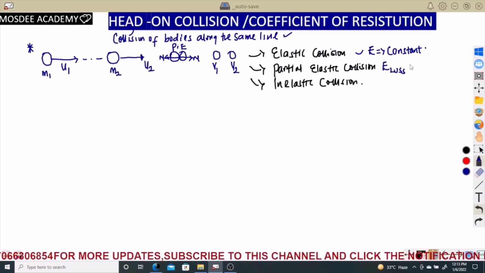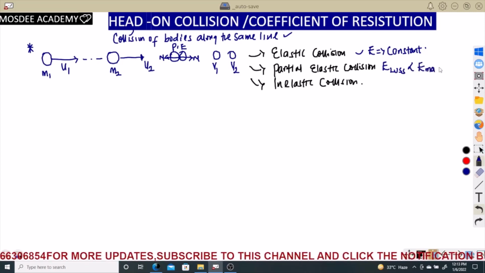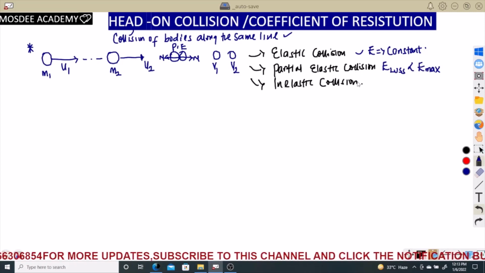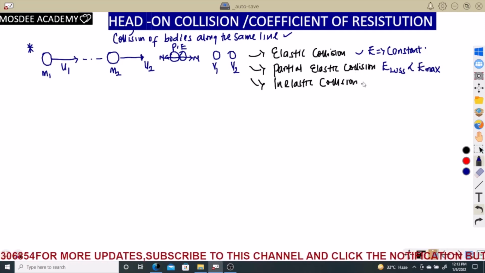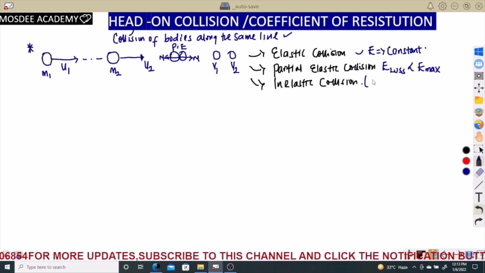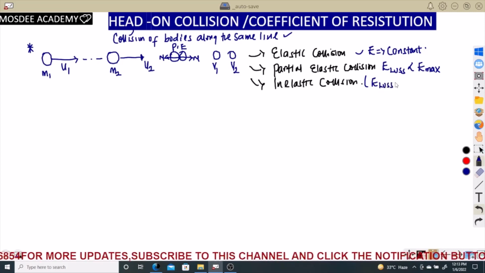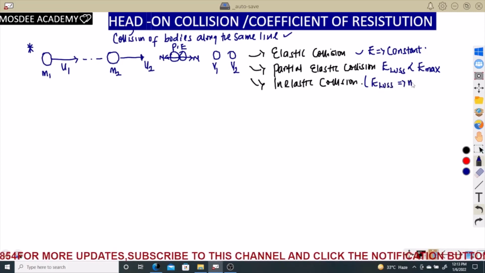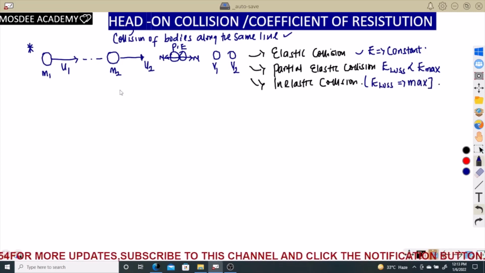Energy that is lost is always less than the maximum energy of the body. That is the definition we give to a partial elastic collision. Then the third one, which we call inelastic collision, is a case whereby the energy that is lost is maximum. That is, all the energy has been lost.